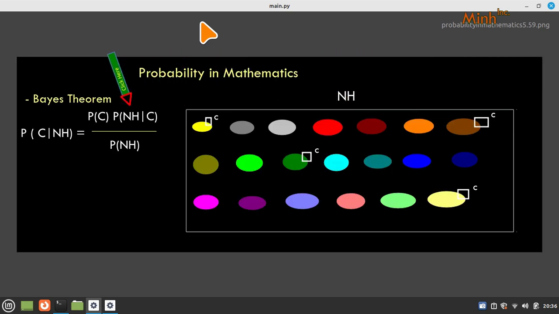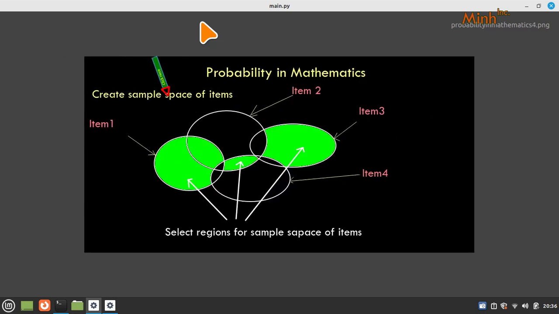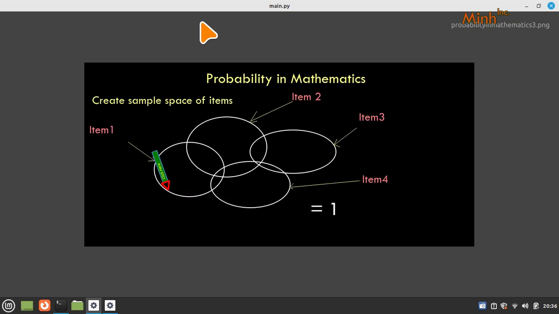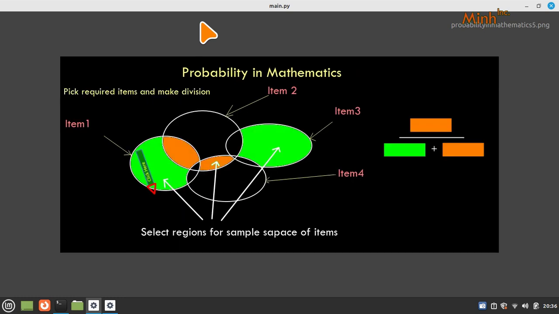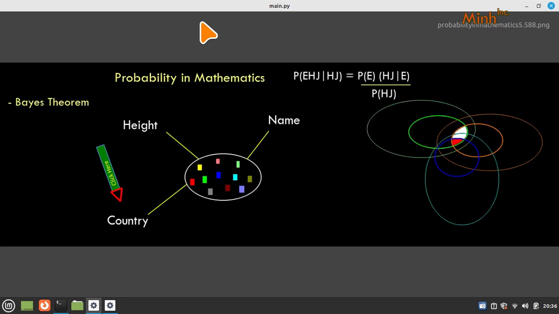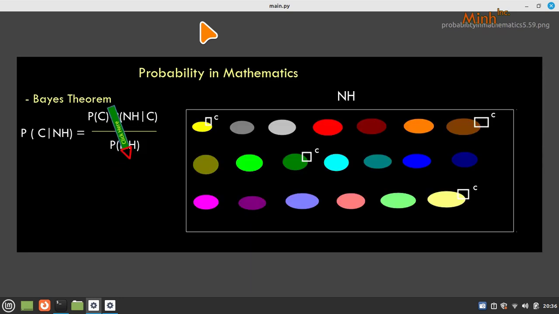Okay, now as per the probability we have seen, we find the actor, and then we create the sample space, and inside that we pick what we want. This is the basic fundamental of probability. So if I am looking for the name and height of a person, and if name and height are given, then what is the probability that he belongs to a particular country?